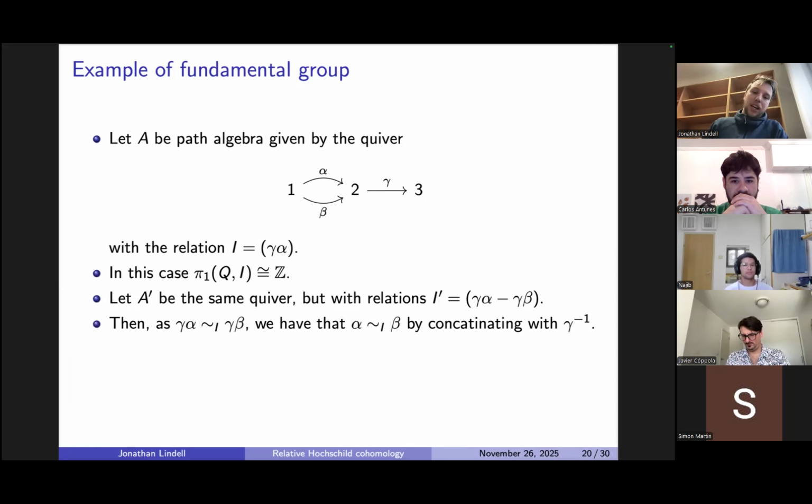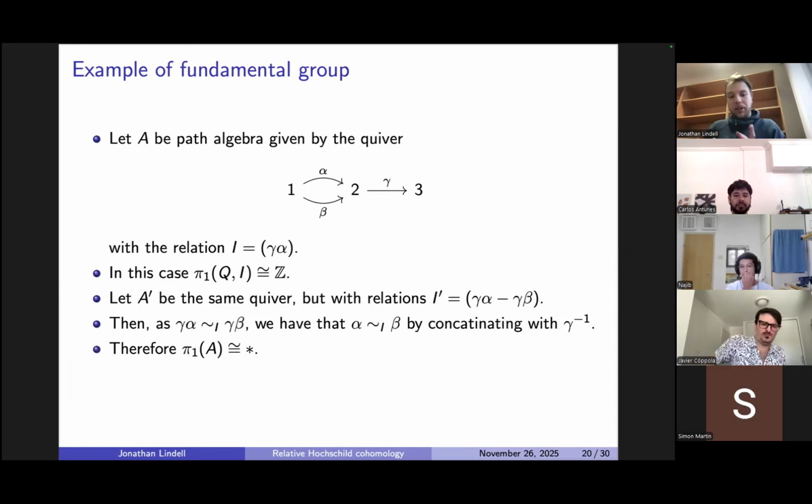So this relation covers the hole that we have in the Kronecker, and therefore topologically this is really just a disk, and the fundamental group in this case is trivial.